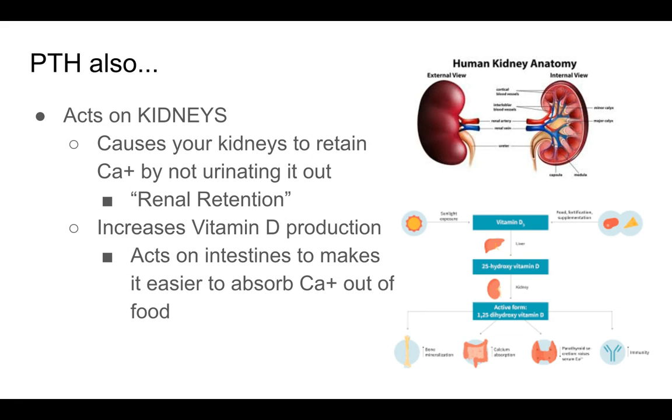And so keep in mind, PTH is stimulated when blood calcium levels are low. So all of the effects of PTH here, both on osteoclast activity and on the kidneys, are going to work towards saving, harvesting, collecting more calcium to boost that low blood level that started the release of PTH in the first place.